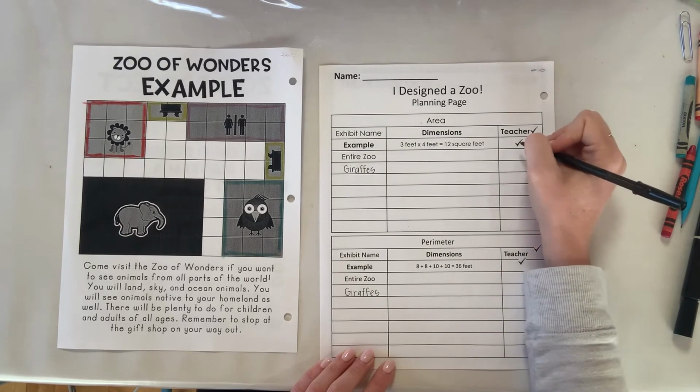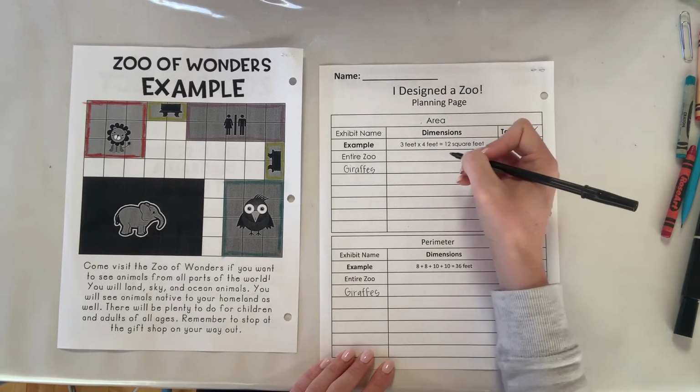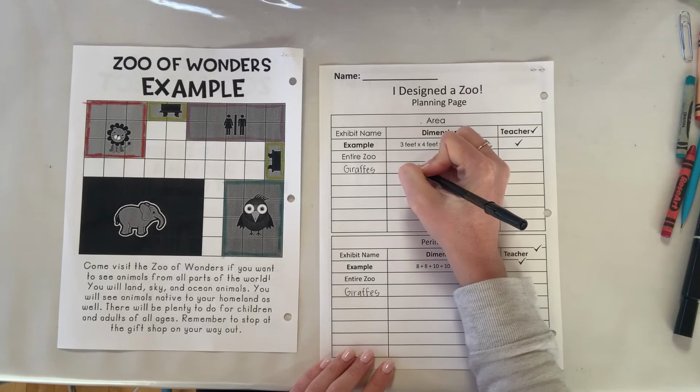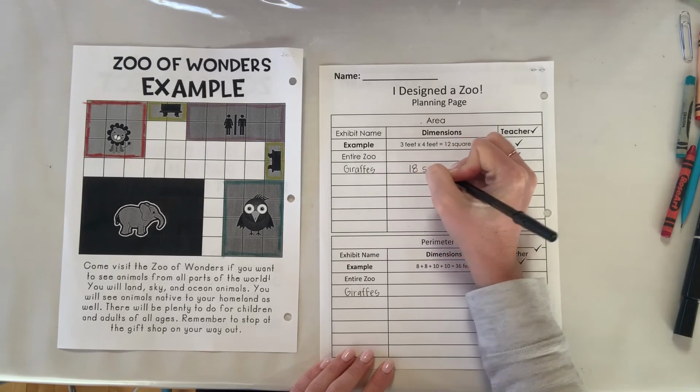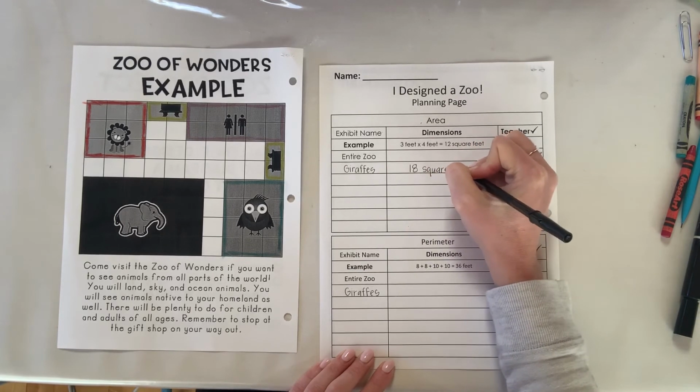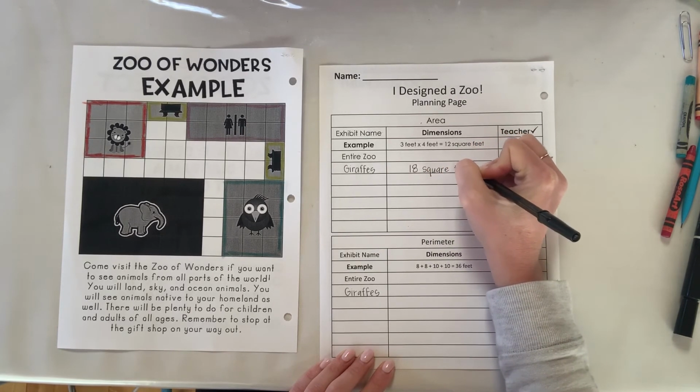And then I said mine was 18 square feet. Because we were doing squares, right?